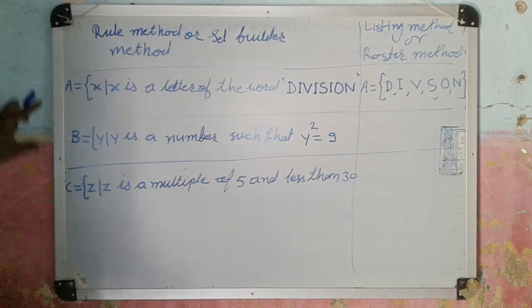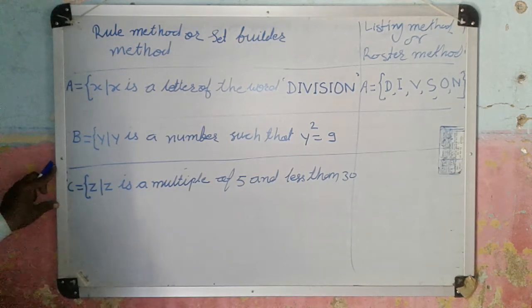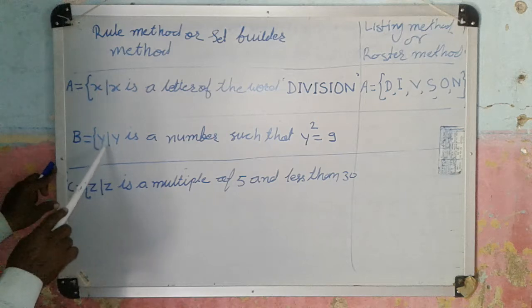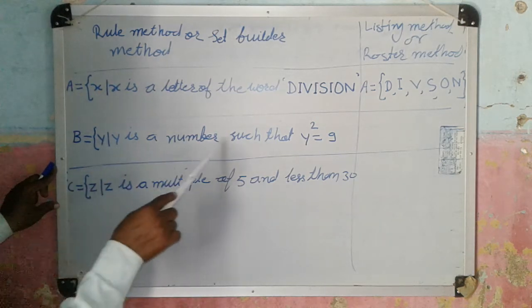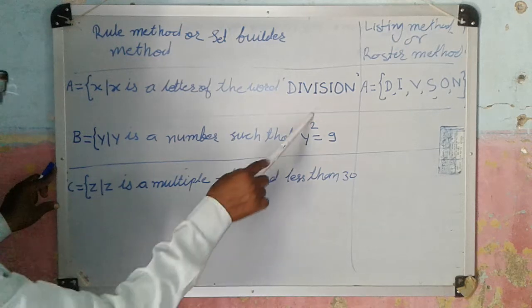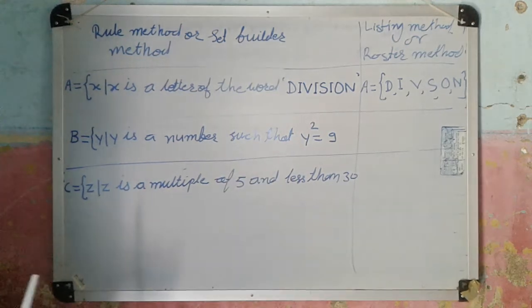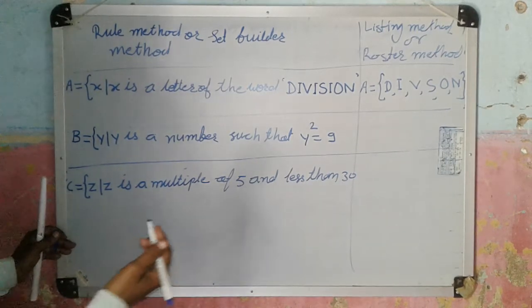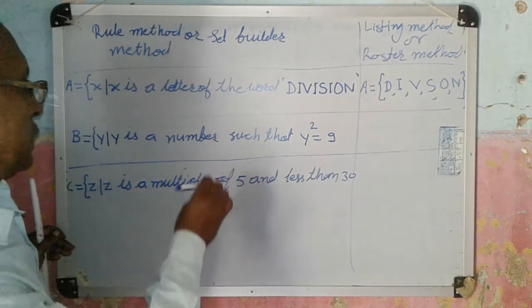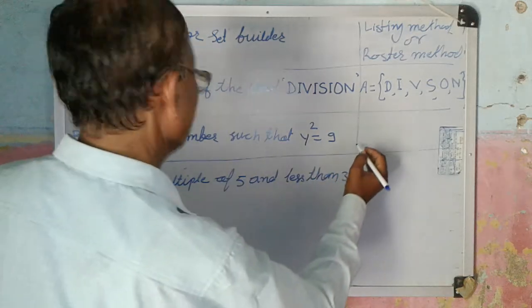Now, the second example, B is a set of all y such that y is a number such that y square is equal to 9. We have to write the numbers whose square is 9.